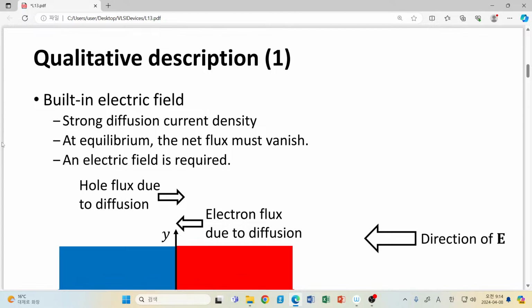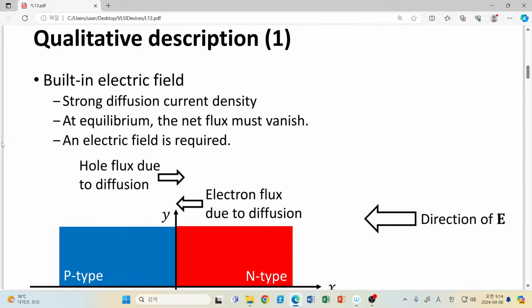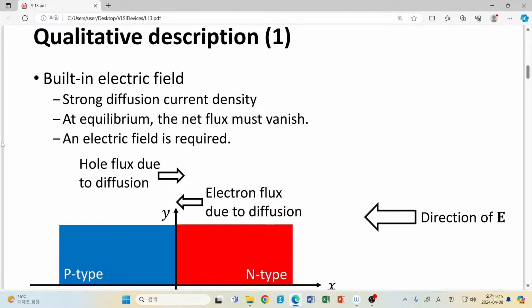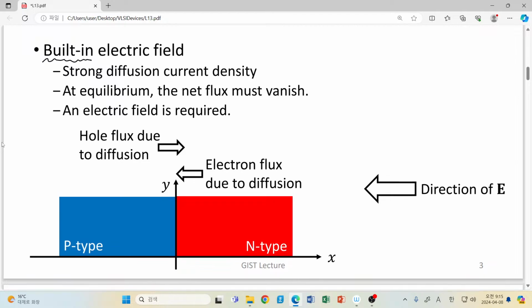I assume that all of you have already heard about built-in potential or built-in electric field, and I want to revisit this phenomenon once again with a slightly more advanced description. Let me think about it qualitatively. We must have a built-in electric field inside this junction structure. Otherwise, there will be certain current conduction. That is the main message I want to tell you.